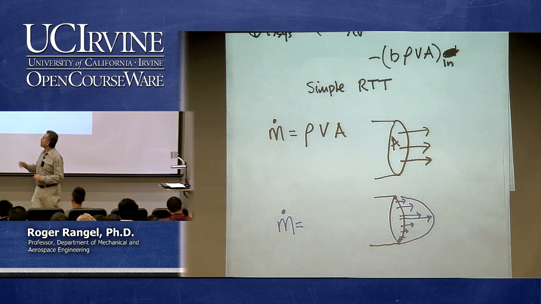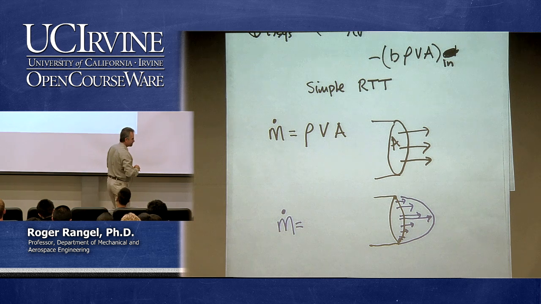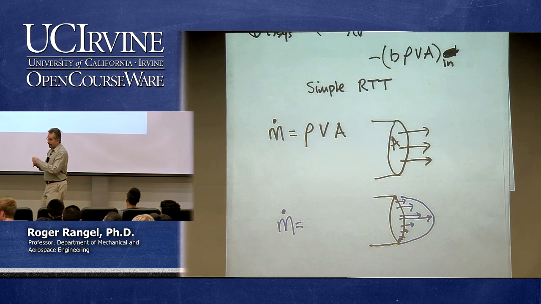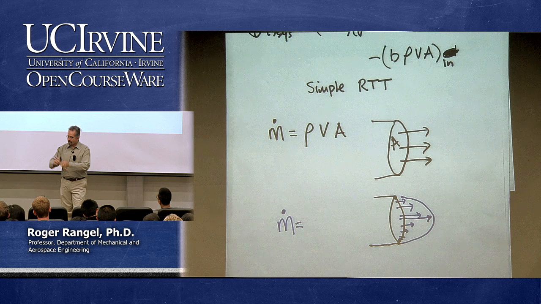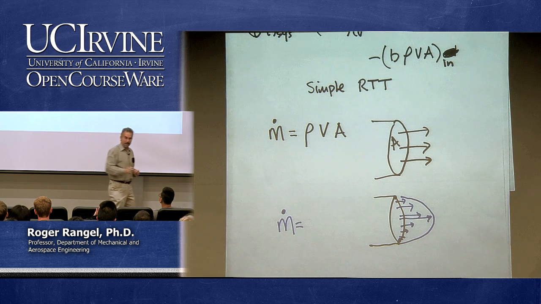How would you do it? How would you do instead of rho V A? Say that again? You could divide it into sections, and then that's taking you in the right direction. And I said, do it very precisely. Integrate over the sections that he's talking about.